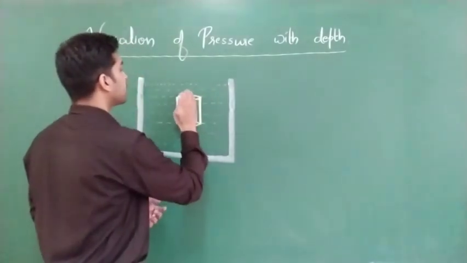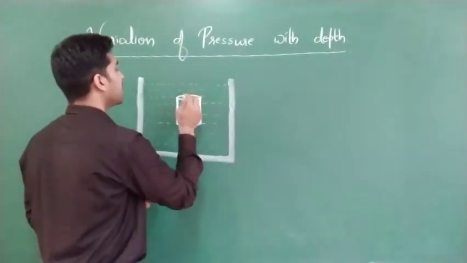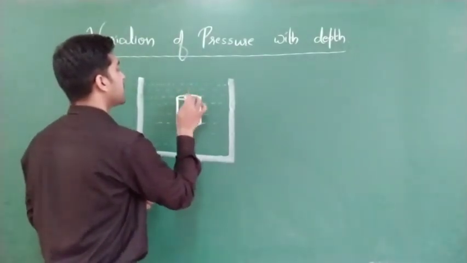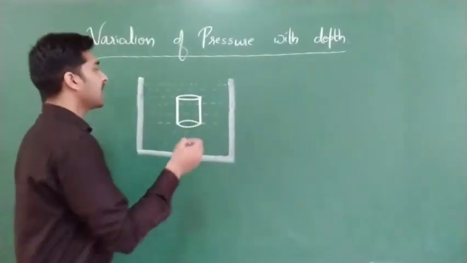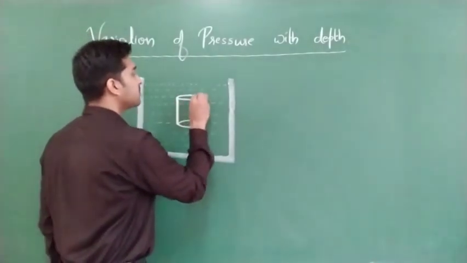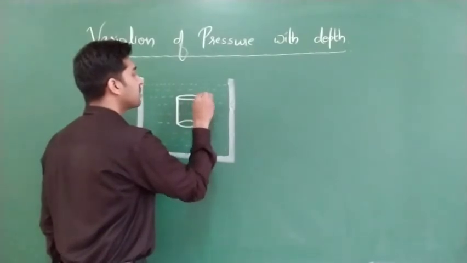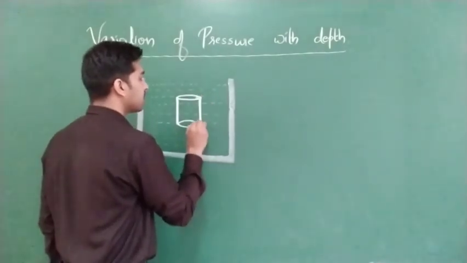So this is nothing but a cylinder which we had imagined. We are imagining a cylinder inside this fluid, and I am giving names for this. Let this point be 1 and here this part be 2.